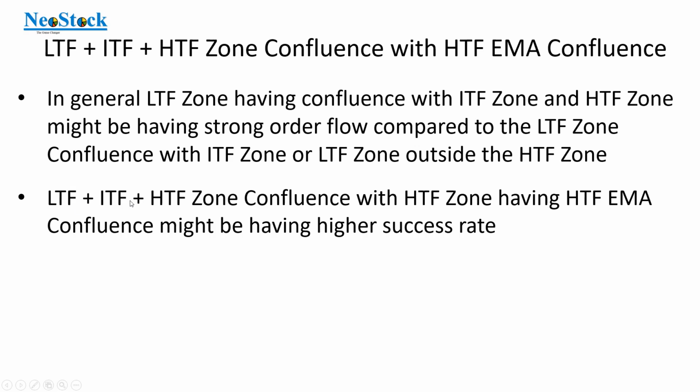This is LTF plus ITF plus HTF zone confluence with the HTF zone having HTF EMA confluence. All the three are having confluence, but the HTF zone should have HTF EMA confluence. In such kind of scenario, the success rate is high compared to the other scenarios.